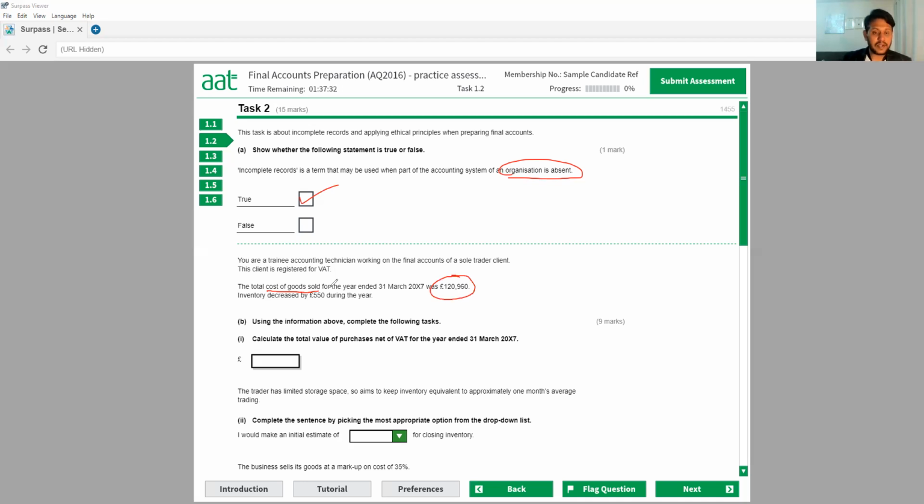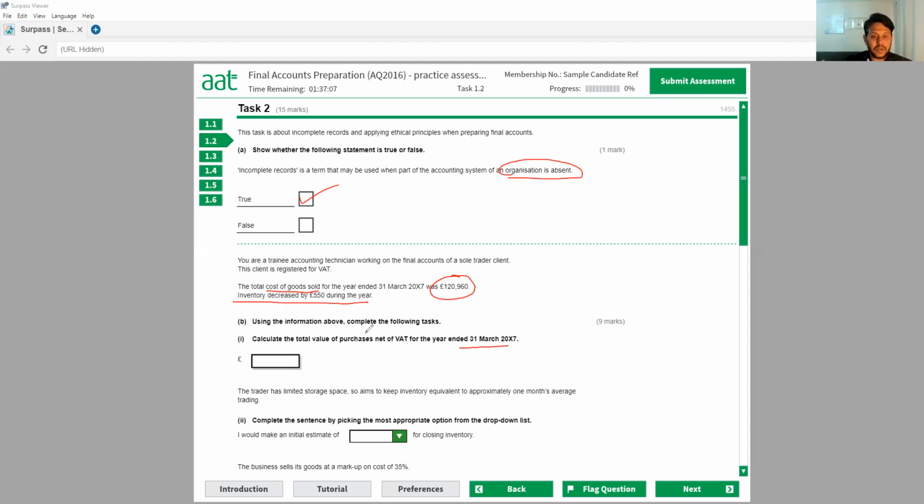Inventory decreased by 550 during the year. Calculate the value of the purchases net of VAT for the year ended 31st of March 2017. So they are telling us that if the inventory is reduced by 550, how much is the purchase?